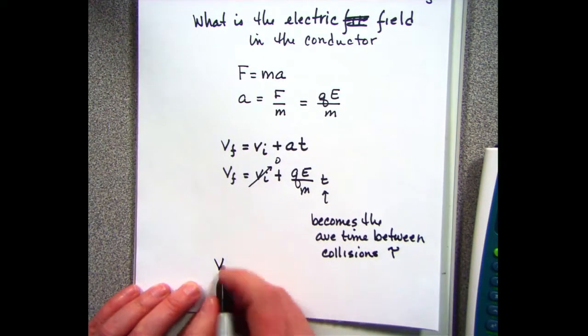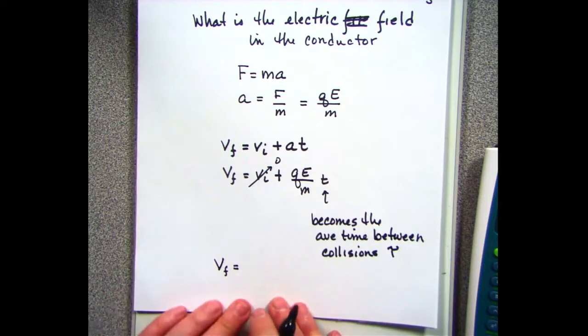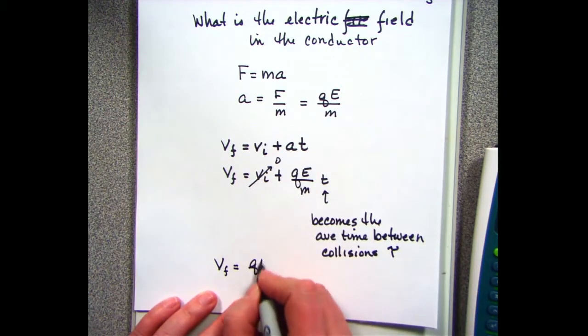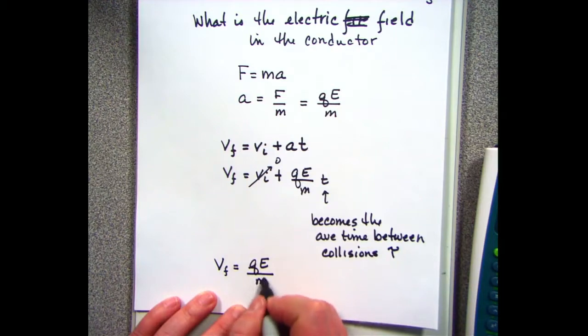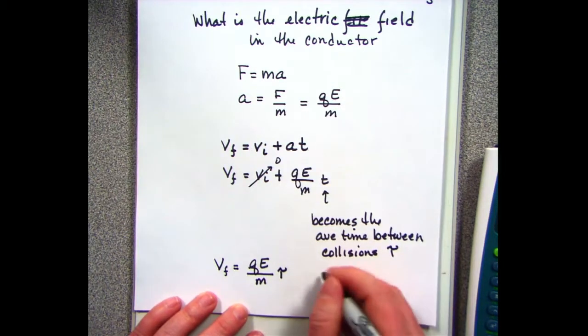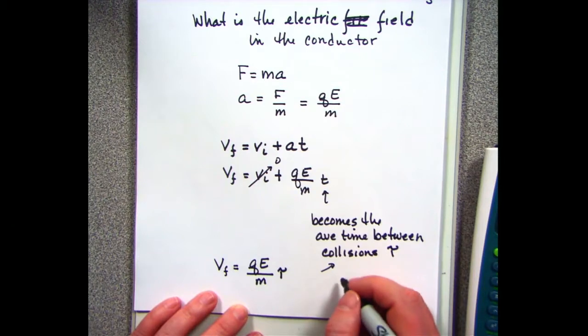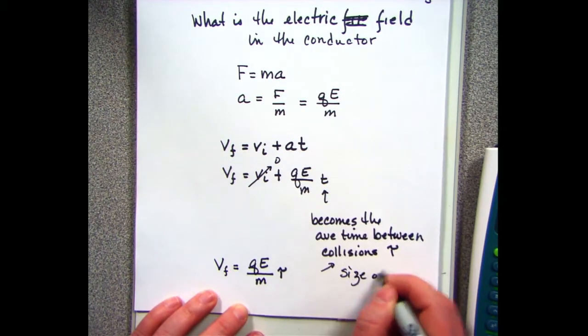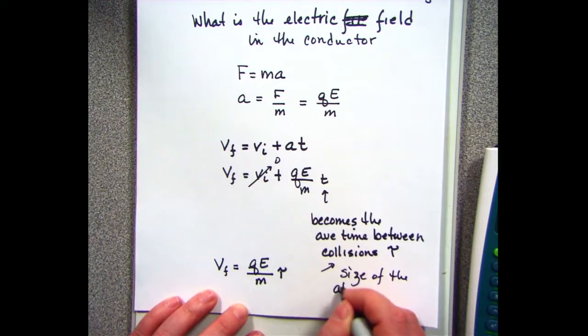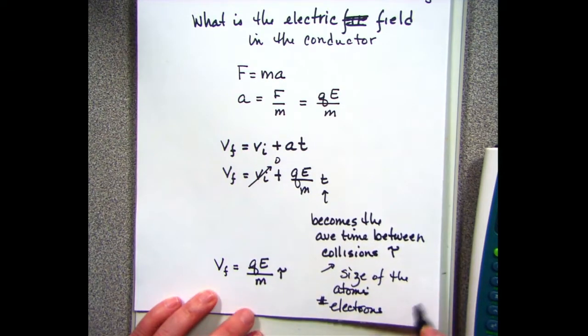And this is also dependent on the material, the size of the atoms, and the number of electrons per unit volume. So this is related to physical properties of what I have to deal with. So I can go back and look at current, and we can play with it to find this tau.